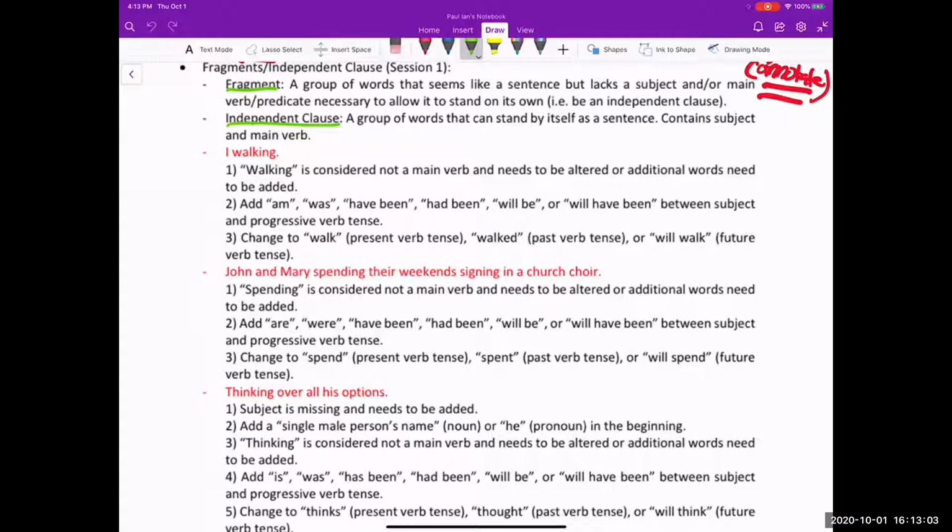A fragment, for the most part, is a sentence that doesn't stand alone. The reason it's a fragment is that there's either no subject in the sentence, or no main verb or predicate. The essence of a sentence is a subject and then the main verb. If you're missing one of these, then it's a fragment.